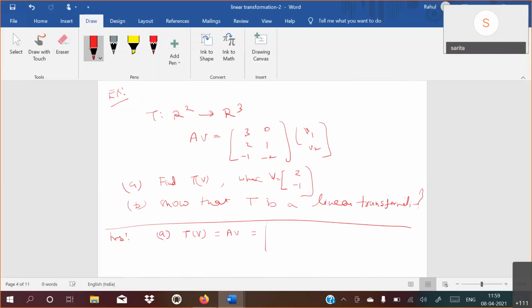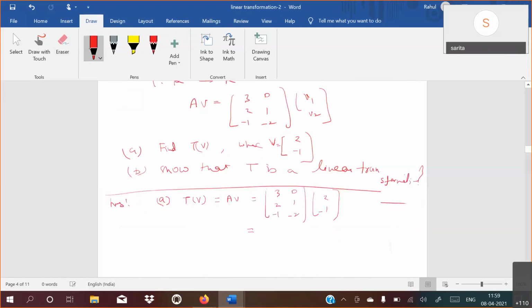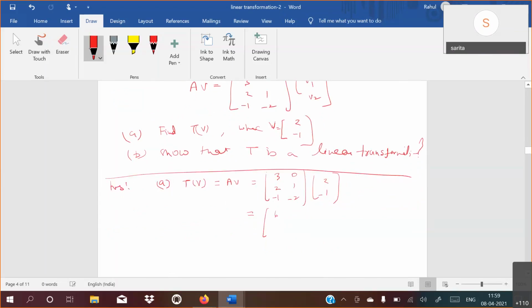Ma'am, 6, 3, 0. And T is a linear transformation.